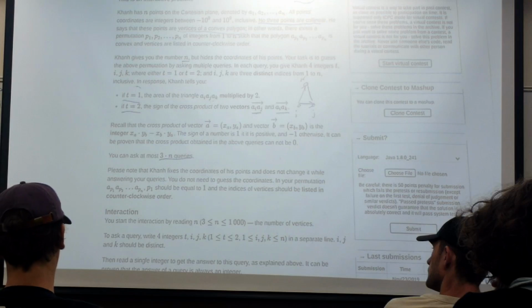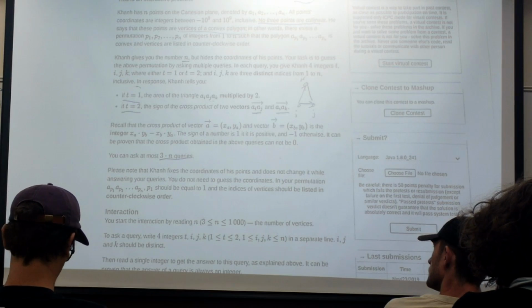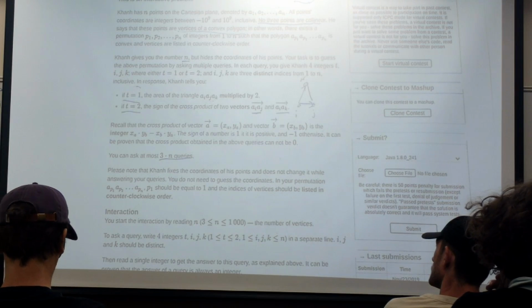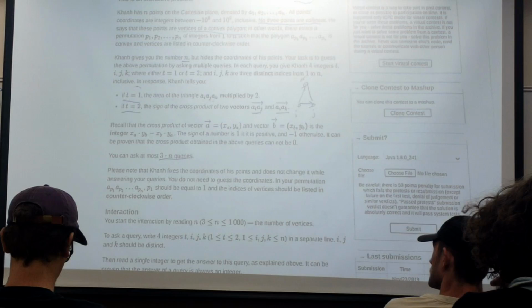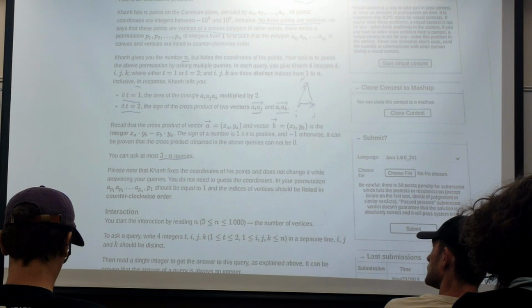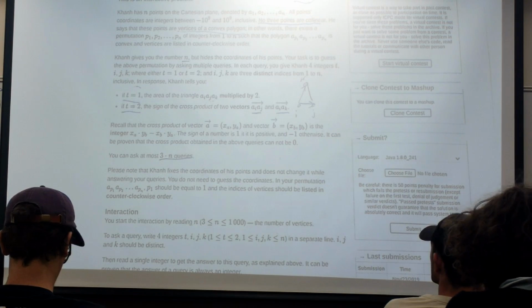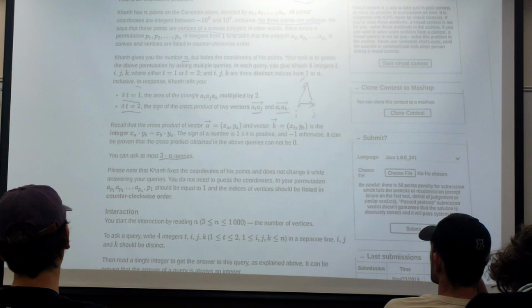So we can get either the absolute value of the cross product or the sign, but we need to use 2 queries for that. Is the problem clear? Wait, so we have to sort this in linear time, basically. Yeah, you need to give the order in counterclockwise order.